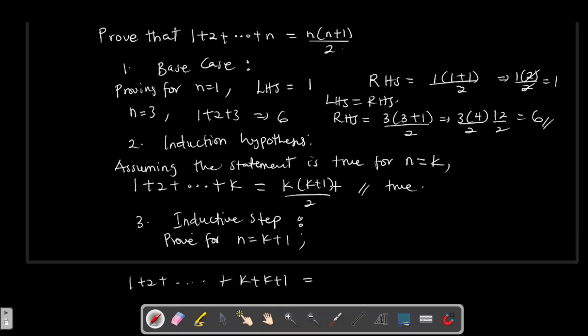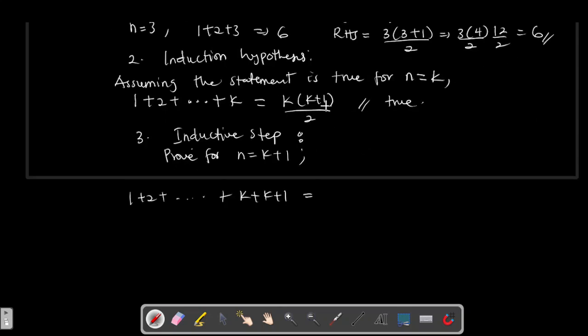The right hand side is just n. So wherever I see n, I put whatever term I'm using. Now I'm using the k plus 1 term, so wherever I see k, I put k plus 1, multiplying k plus 1 plus 1.